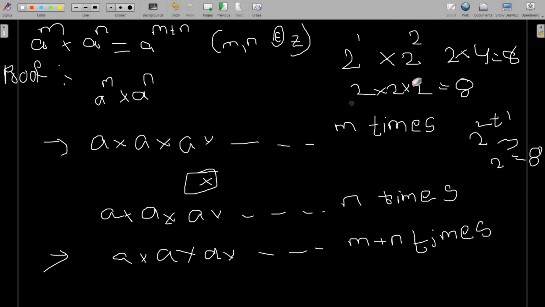If we add the powers also, the answer is 8. If we do not add by the method, 2 square is 4, 2 power 1 is equal to 2, and 2 fours are 8, like this also we get the answer. But it is not possible with bigger numbers, 2 power 6, 2 power 10. For that purpose these exponents are there.